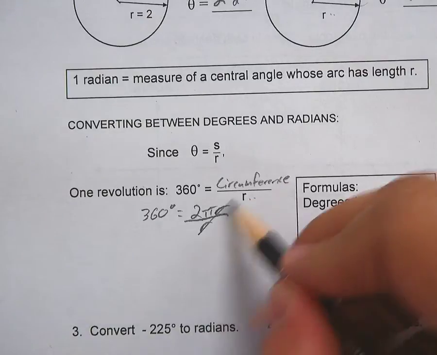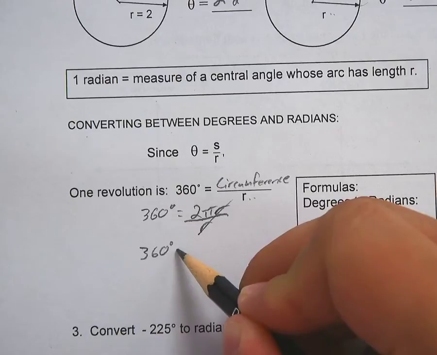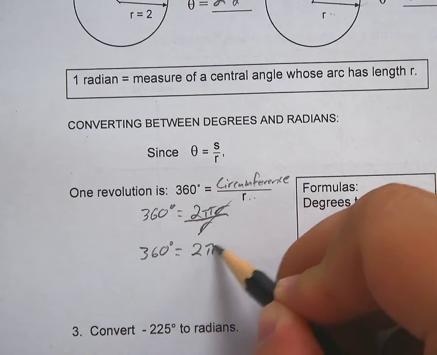Think about what we said in class today and Friday: 360 degrees is 2 pi.